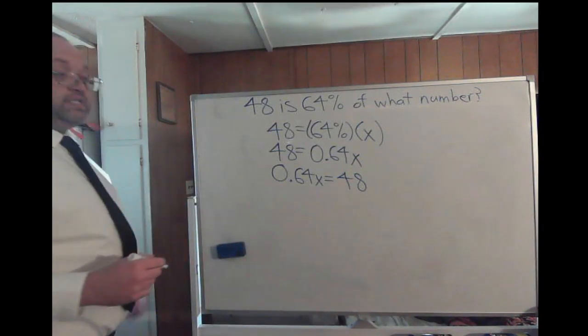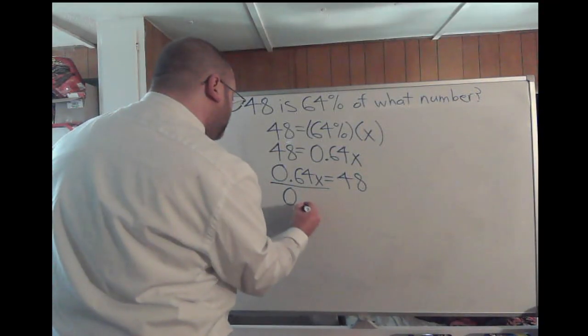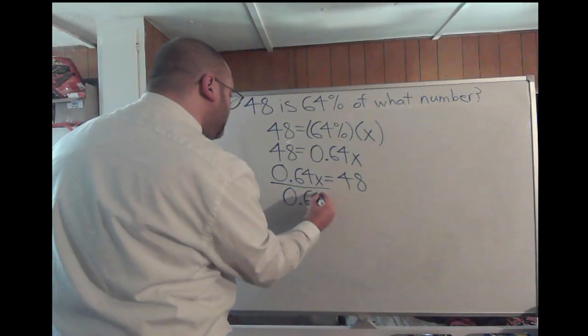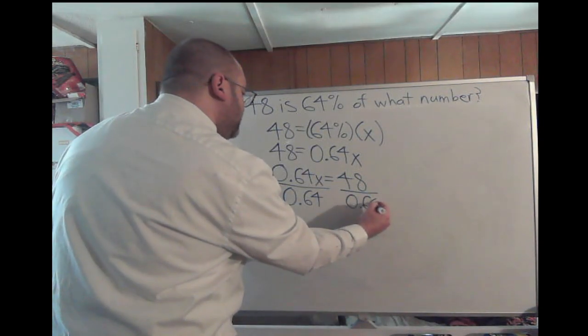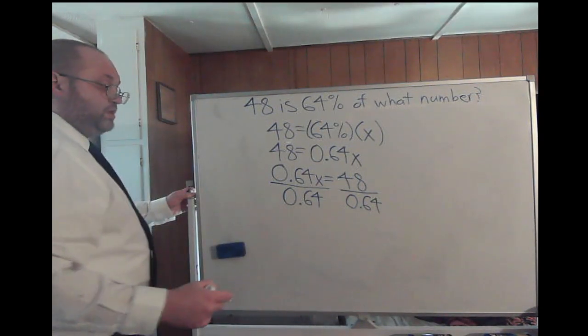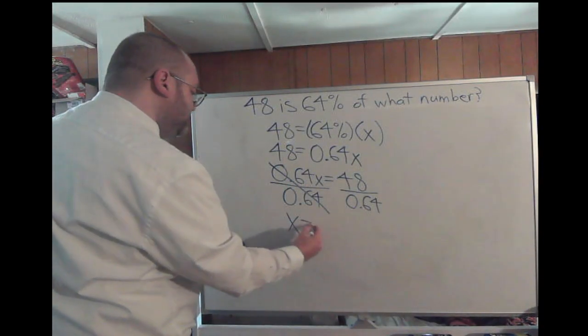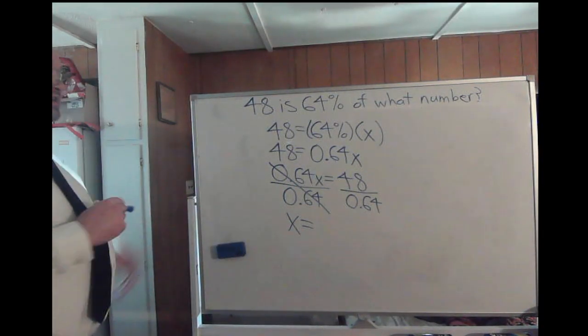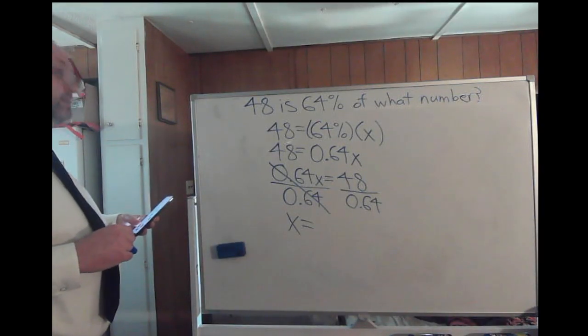Well, we want to get x by itself, so we got to divide both sides by 0.64. We'll go ahead and do that. Divide both sides by 0.64. On the left side, the 0.64's cancel. You're just left with x. That's equal to 48 divided by 0.64.